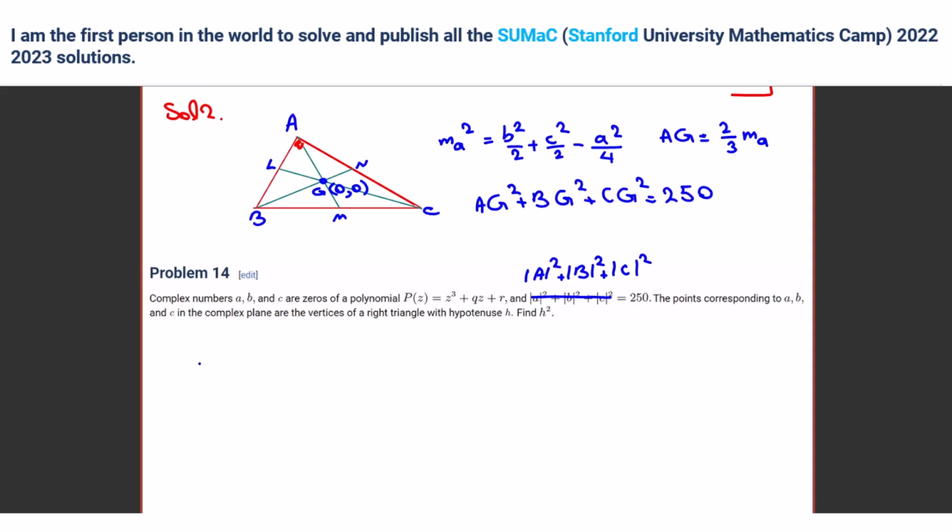So AG squared would be, you can factor out 4/9, and then it's 4/9 times b squared over 2 plus c squared over 2 minus a squared over 4, and then for each of them, you can say 1 half plus 1 half minus 1/4, right? Oh, yeah. And it's equal to 250, right? Yeah. What's this part equal to? 3/4.